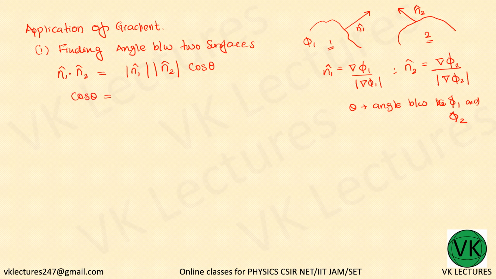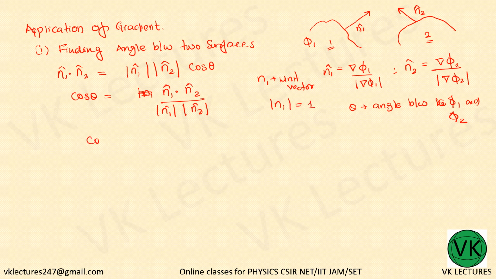Cos theta is equal to n1 cap dot n2 cap divided by magnitude of n1 cap into magnitude of n2 cap. Now n1 is a normal vector, a unit vector. Unit vector magnitude will be equal to 1.